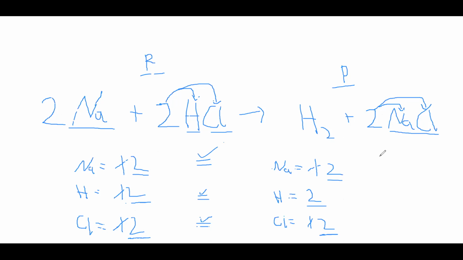So now we have fully balanced this chemical equation: 2 Na plus 2 HCl gives us H2 plus 2 NaCl. Each atom has the same number on either side. So this is a balanced chemical equation.